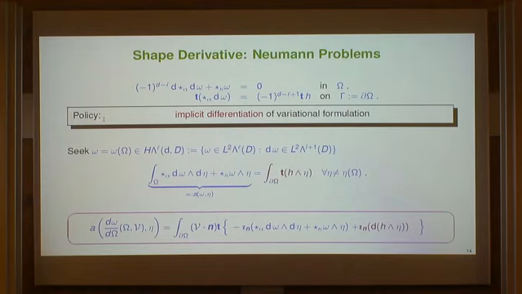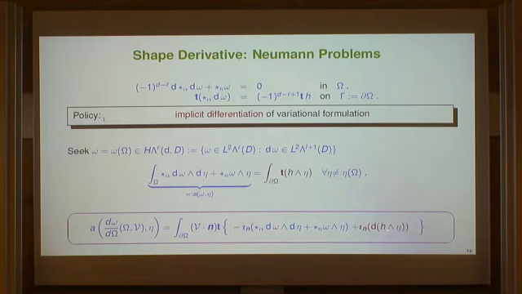Eta is from the full Sobolev space. And now you see, this is a variational problem with the same bilinear form. So it's of the same type, but with a different right-hand side. And the right-hand side here is an expression that is very similar to this right-hand side.